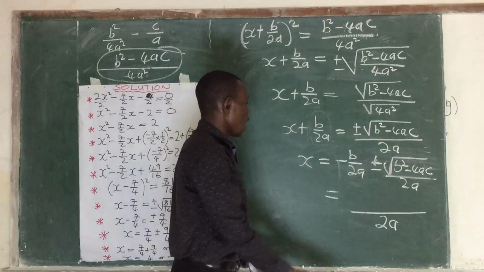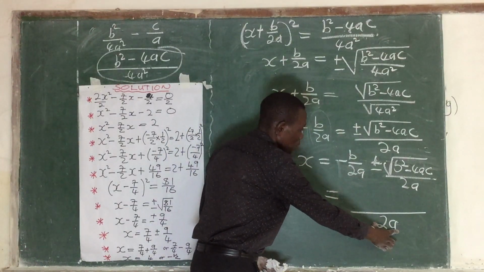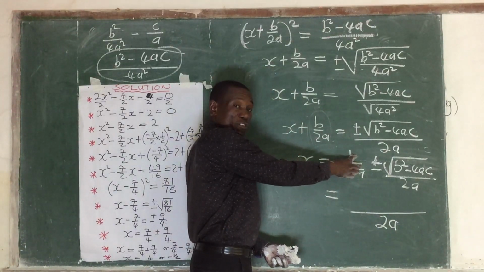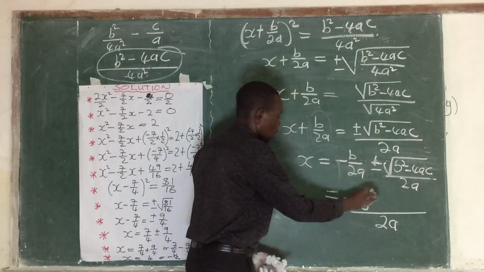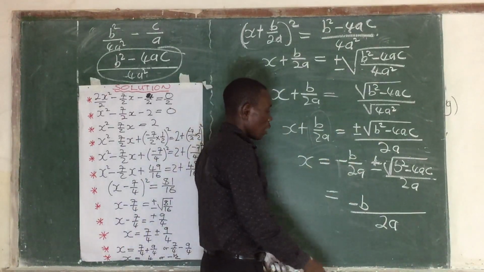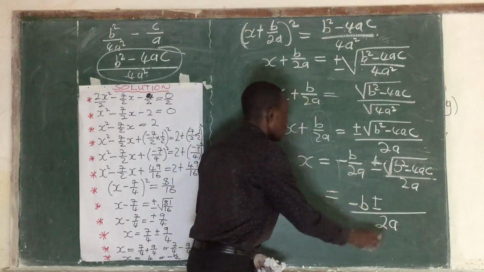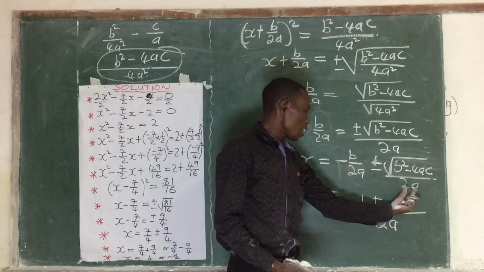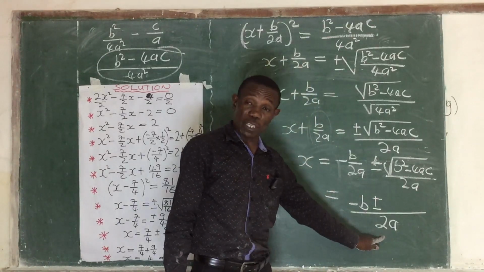Right. So 2a gets into 2a how many times? 1. So that 1 should be multiplied by the numerator, which is negative b. The answer is negative b. Then you write the sign here. This time around, we have got positive and negative, so we also write the positive and negative. Then you also consider the 2a to be divided in the same denominator.